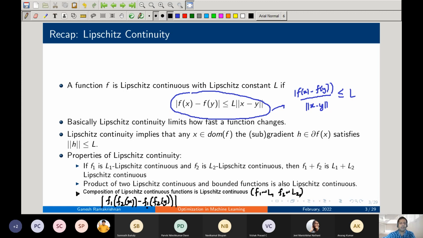Now you realize that F2 of x and F2 of y are just two evaluations, so this will be less than or equal to the Lipschitz constant L1 for F1 times the absolute value of F2 of x minus F2 of y, which you know is less than or equal to L1 times L2. So the Lipschitz constant for the composition is the product. Simple. I'm assuming you would have required this in your homework.